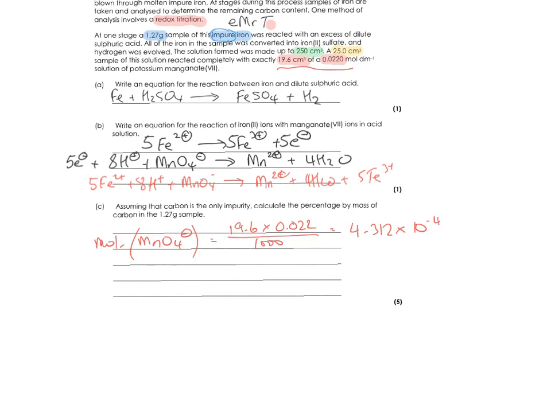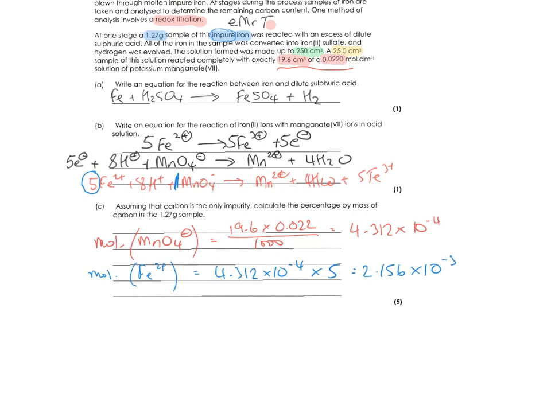Then we can use the ratio, which is what the R stands for in E Mr T. So the ratio we've got here is 5 to 1. Therefore the moles of the Fe2 plus that reacted in that titration will equal 4.312 times 10 to the minus 4 times 5, and that will give you 2.156 times 10 to the minus 3.